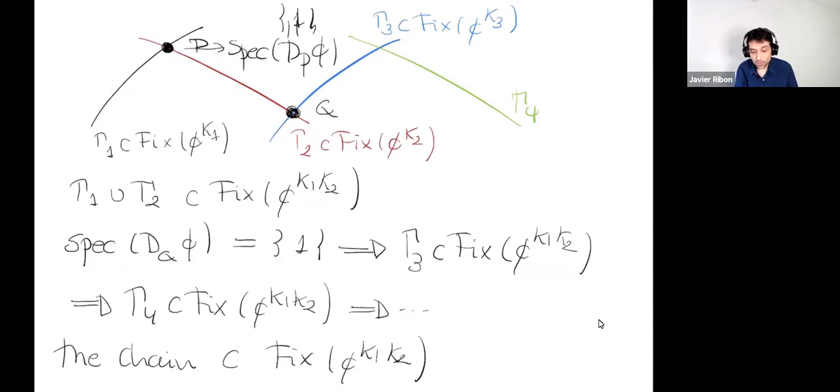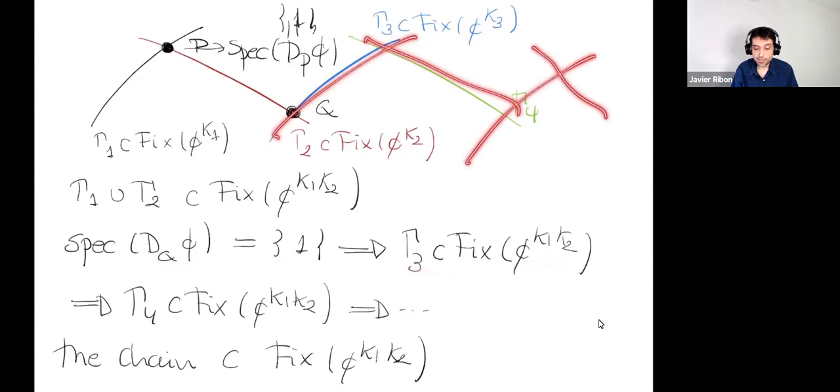So by using that the spectrum is equal to 1, where it is periodic, it becomes invariant. So this is an invariant curve by this iterate of phi. And indeed, all the points in here are periodic. But where it is periodic becomes fixed. So it is a curve of fixed points of this iterate. And you can keep going.